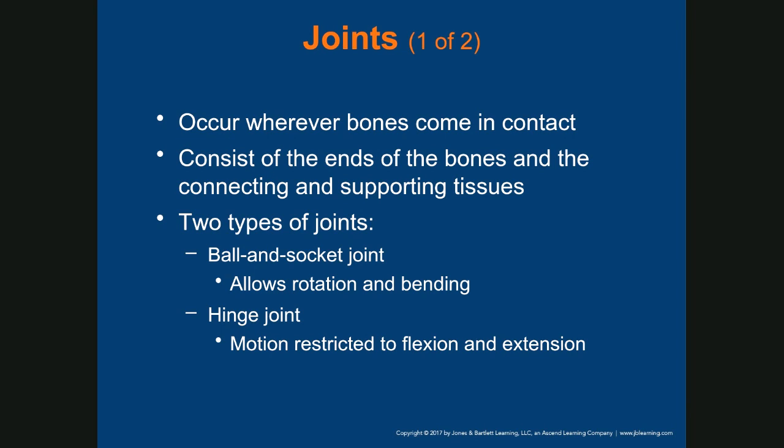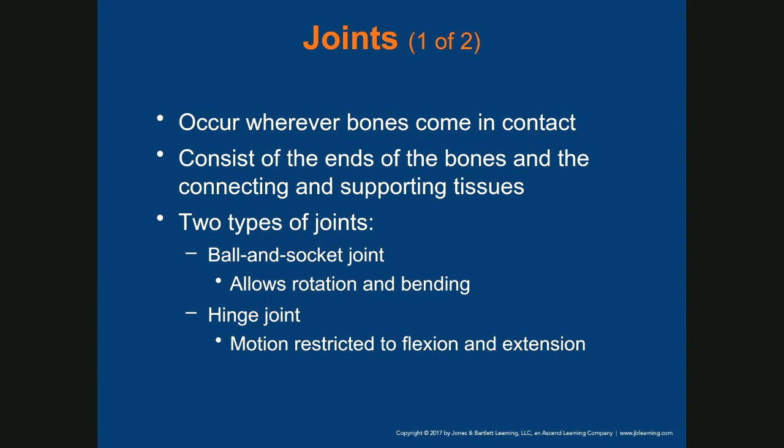Joints occur wherever bones come in contact, and consist of the ends of the bones and the connecting and supporting tissues. There are two types of joints you need to be familiar with for this course.